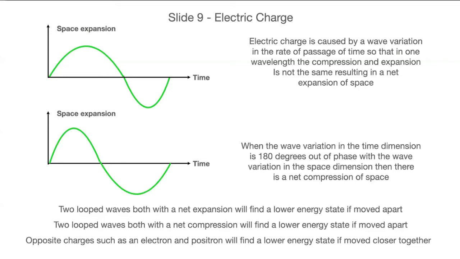And what this means, it comes back down to a question of energy. So if you think of two electrons, and they both have a net expansion or a net compression of space, and so by moving them apart, they move to a lower energy state.